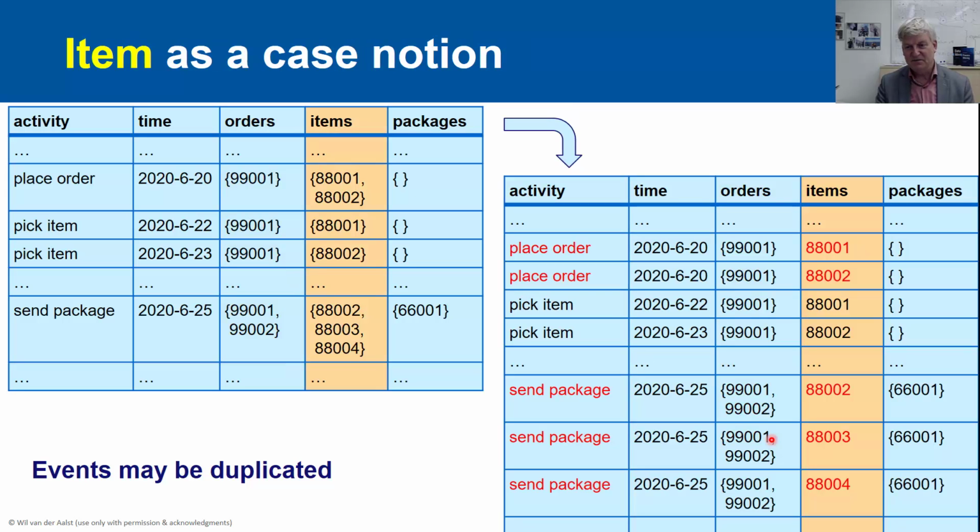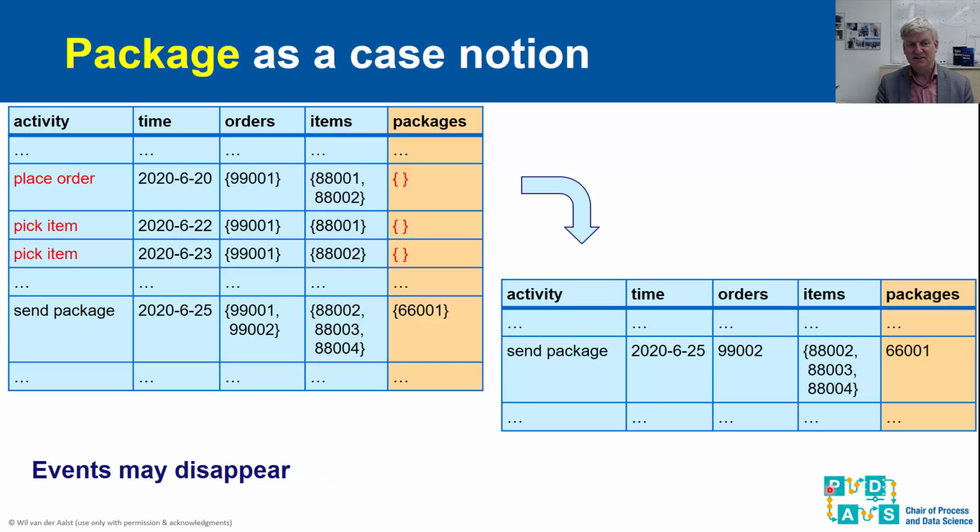If we take items as a case ID, the same principle. Place order refers to two items, so we have two events corresponding to this single original event. If you look at this send package event, we can see that there are three new events related to that original event because that send package contains three items, as you can see here. So we are replicating events.